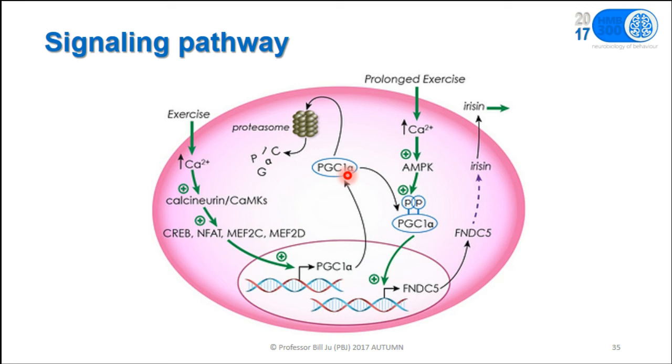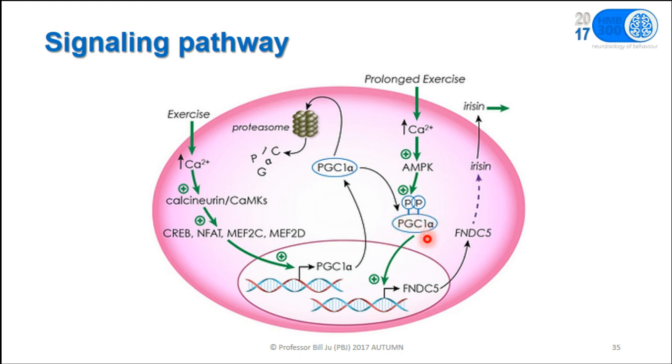However, if you keep doing it, if you keep undergoing exercise, we get this same pathway here, but we also introduce this other pathway. So we still get calcium entry as we did before, but instead of just activating this pathway, in addition to this pathway, we will also activate this pathway, in which calcium will then activate AMP kinase, and AMP kinase will phosphorylate the PGC1 alpha.